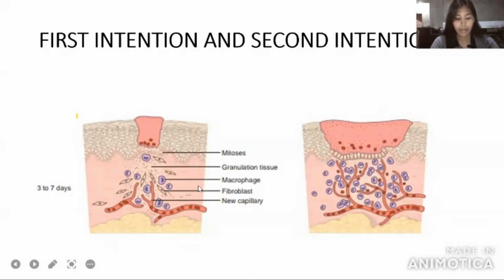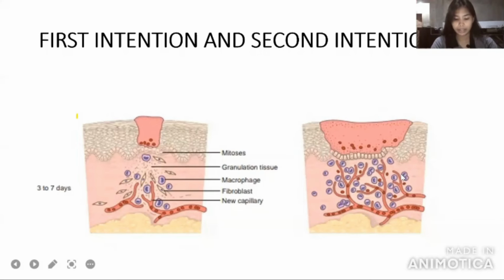Like I said, we have discussed the process of angiogenesis in greater detail, so lots and lots of blood vessels start forming along with the deposition of these inflammatory cells. In the second intention, the epithelium starts proliferating, migrating towards one another, approximating, and then it starts to cover. But of course, this might take more time, because if there is an infection, then this process might be delayed.